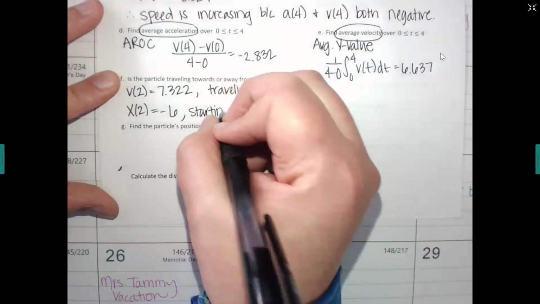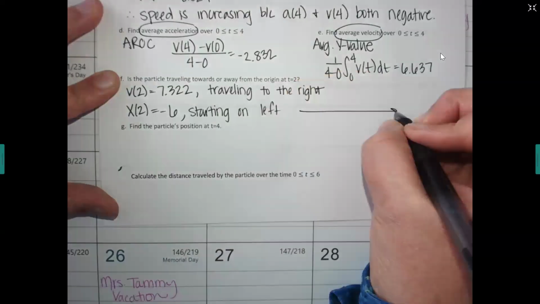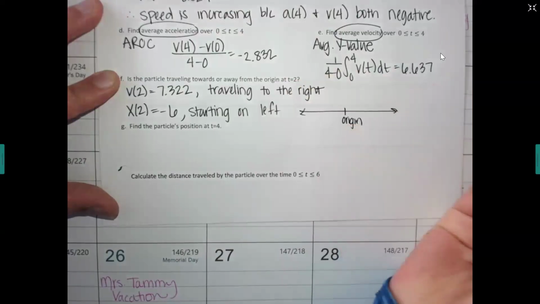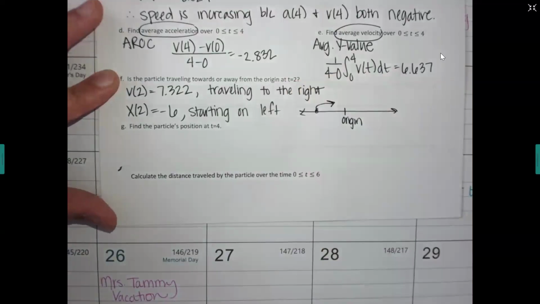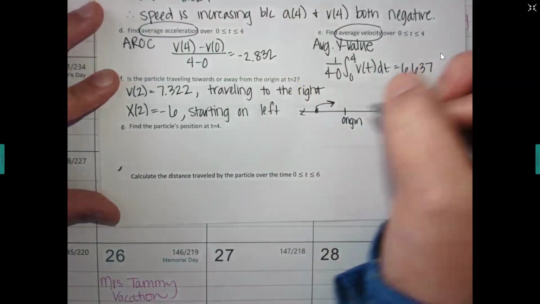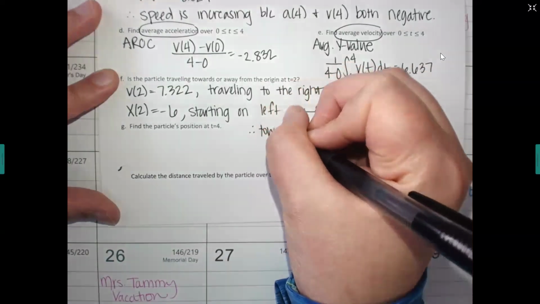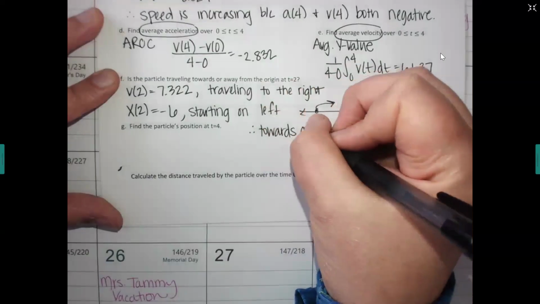I'm starting on the left. So you can draw yourself a little diagram here. If this is the origin, I'm on the left, but I'm traveling to the right, then am I going towards or away? That would be towards. Go towards the origin.